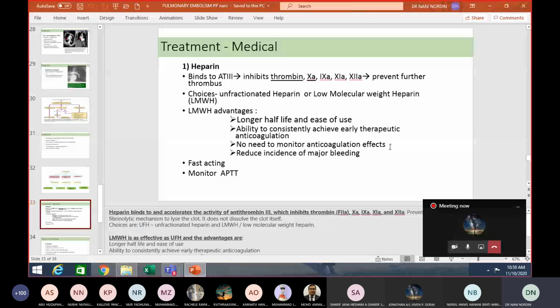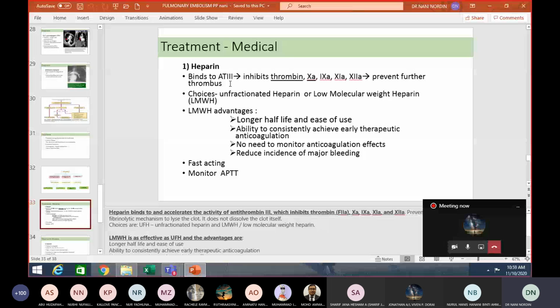So heparin, there are two types: unfractionated heparin, or low molecular weight heparin. But they are heparin. What heparin does is it basically works through antithrombin 3. If you go back to your notes, your intrinsic pathways, your inhibitors, antithrombin 3 inhibits these factors.